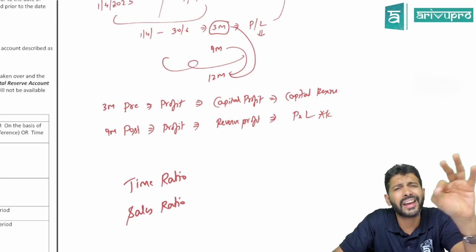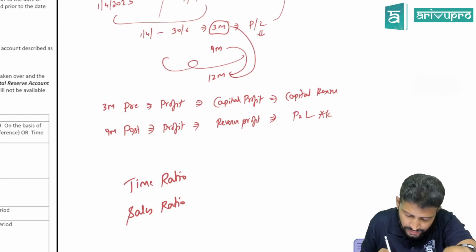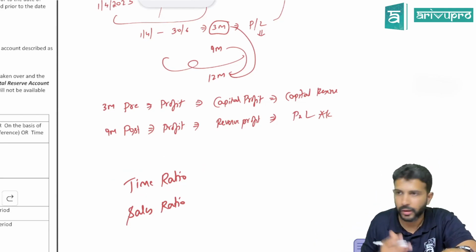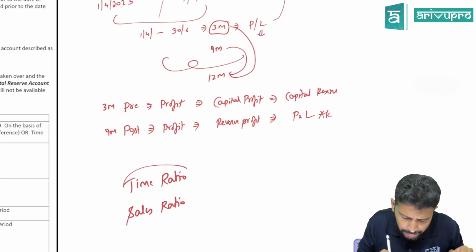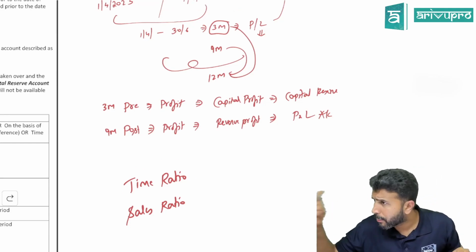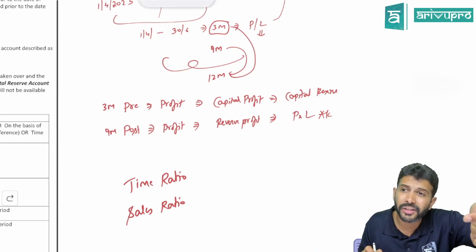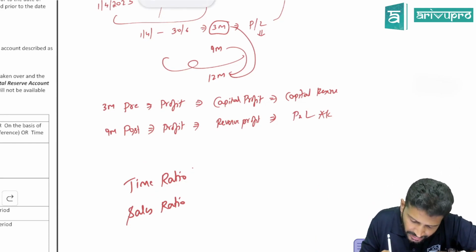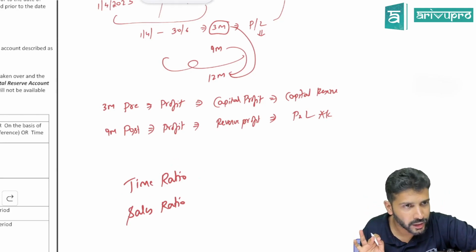To do the split up, we majorly use 2 ratios, time and sales. Simple funda. Any expense or any income which can be expressed in terms of time will be distributed in time ratio. Like salary. Salary you have to pay monthly. Is it based on sales or is it based on month on month? Month on month. Okay. So salary will be distributed in time ratio. Correct.